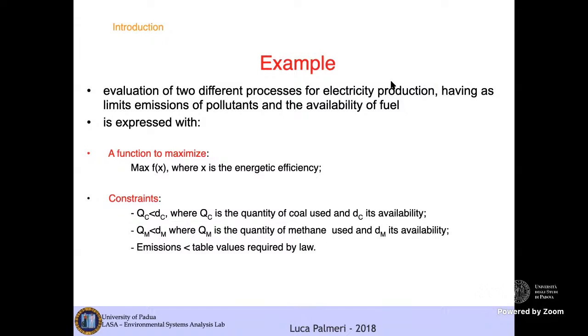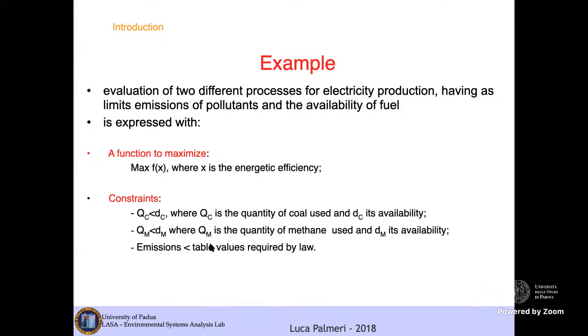And then a second criterion may come from constraints linked to the availability of fuel. For example, we may introduce two constraints: QC smaller than DC, where QC is the quantity of coal used and DC is its availability; QM smaller than DM, where QM is the quantity of methane used and DM is its availability.